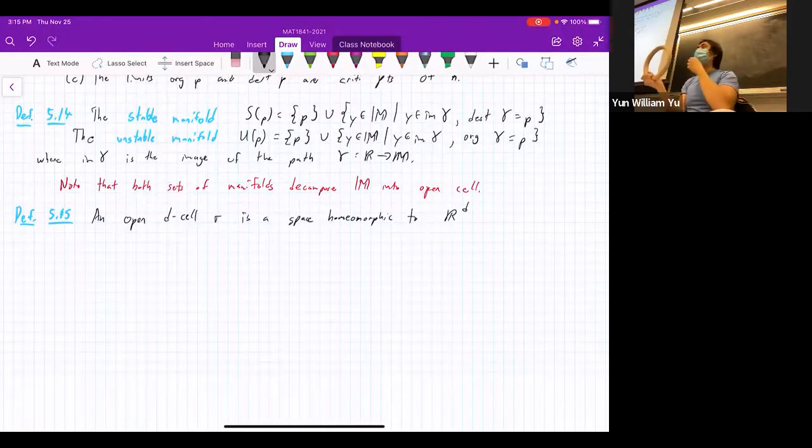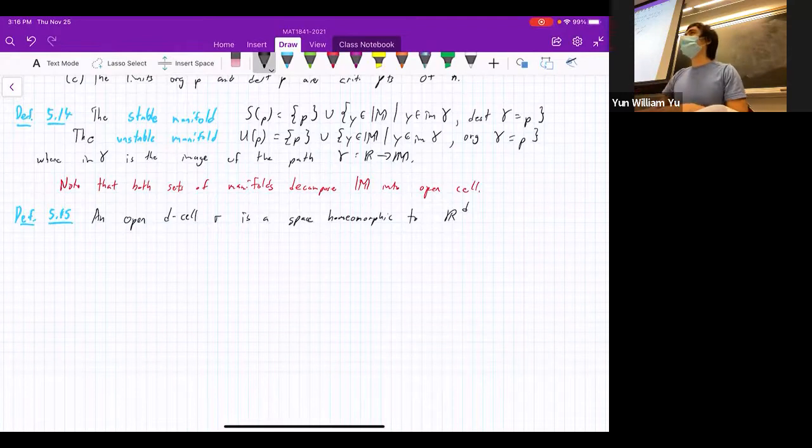Somehow there are these missing points, which is what allows it to be homeomorphic to a 2D space. You can also see it if you look at the manifold that starts here and goes down along both directions. If you start here and go down, you don't ever reach this point down here. So this point isn't part of the unstable manifold of this point, which is why it's homeomorphic to just the real line, because if it actually touched it, then it would be homeomorphic to the circle, which is not what we want.